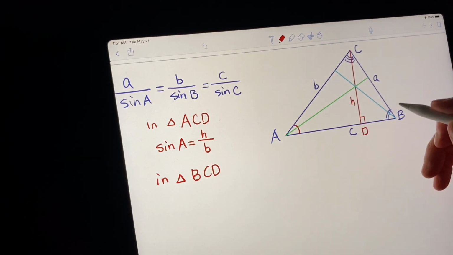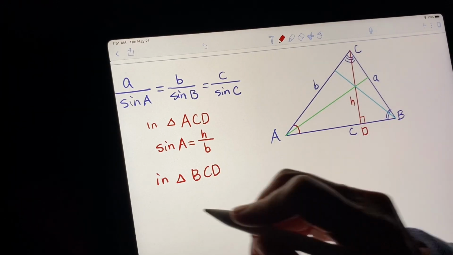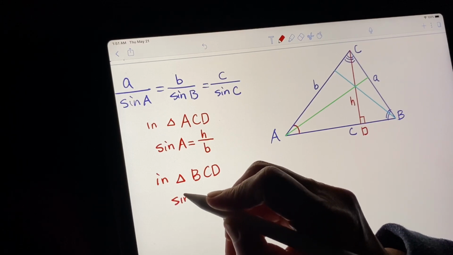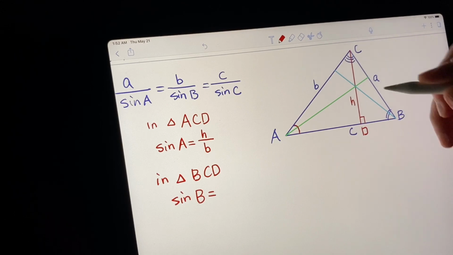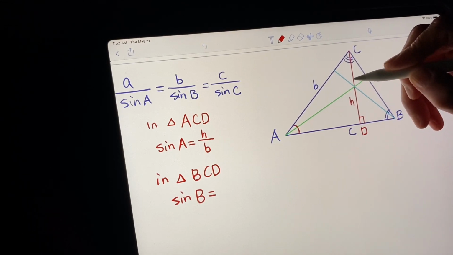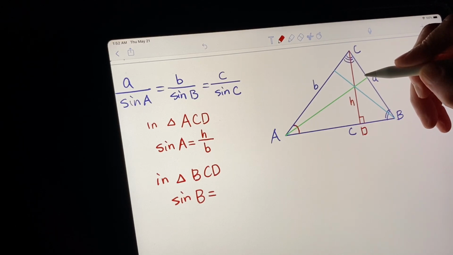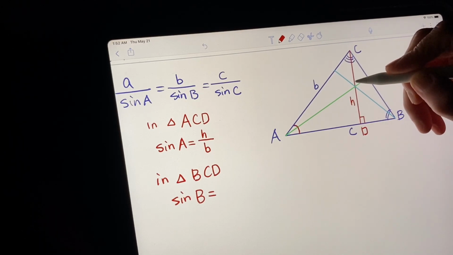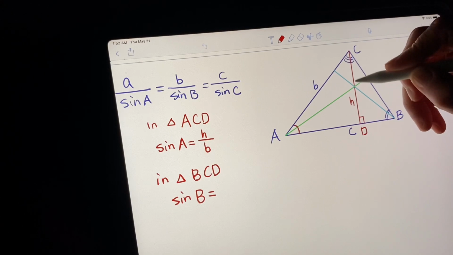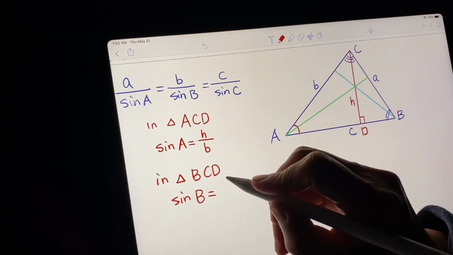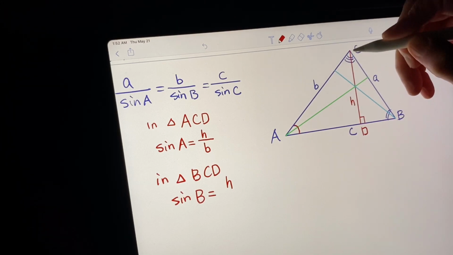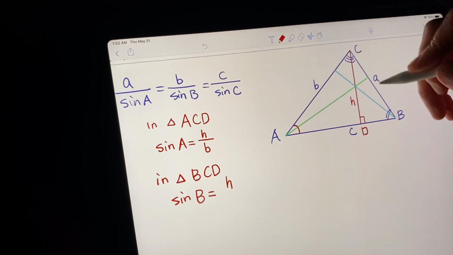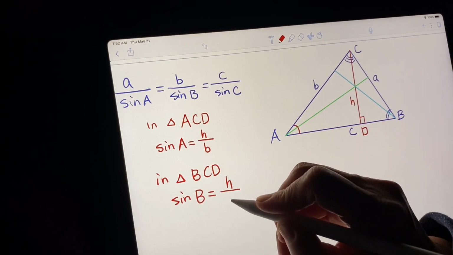Now let's figure out sine B. Sine B equals opposite side over hypotenuse. So the opposite side is h, h over what is the hypotenuse? The hypotenuse is a, h over a.